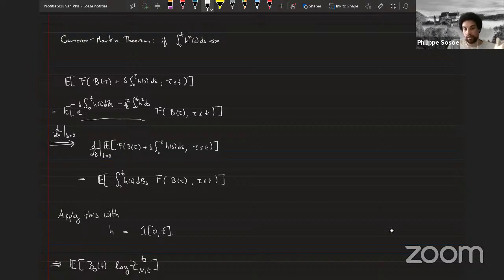That's an Ito or Paley-Wiener integral, because we're integrating just a deterministic function, minus delta squared over 2 times the L2 norm, the integral from 0 to t of h squared.